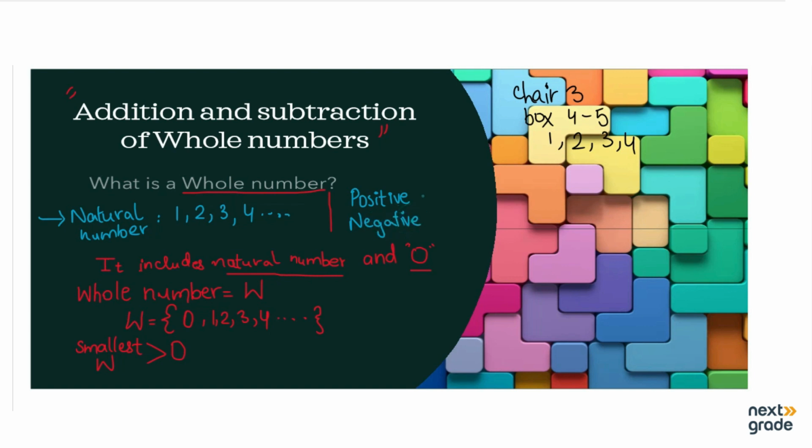Positive integer means all the numbers that are present are positive in value. लेकिन negative integer means that they have a negative value with it. They all are negative numbers.